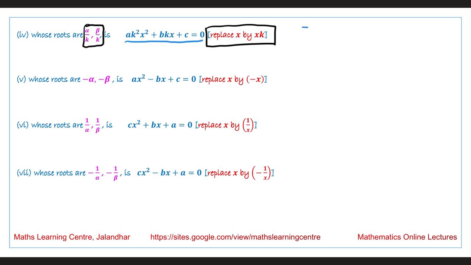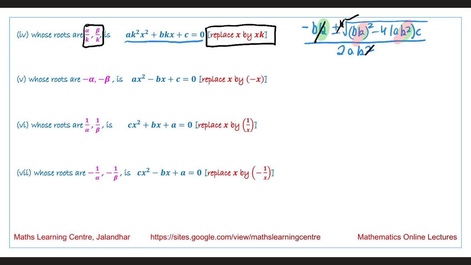They will be minus bk plus minus k root of (bk) square minus 4 a k square c, upon 2 a k square. In this numerator part, there is k square inside the square root, so when we take k square common, we get k outside.